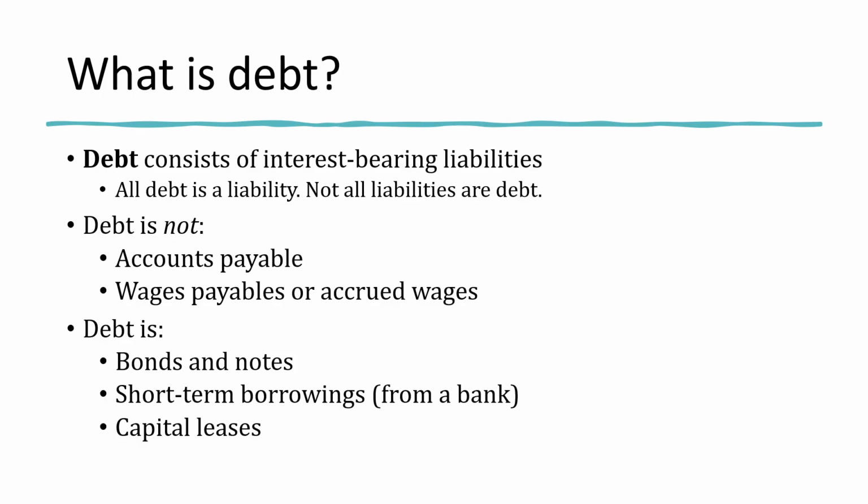And then we have debt that would be bonds, if the company issues bonds, notes, they may borrow on an intermediate term basis, that'd be a note. We have short-term borrowing, say from a bank, and also capital leases. That gets to a very complicated subject, but capital leases are considered debt.